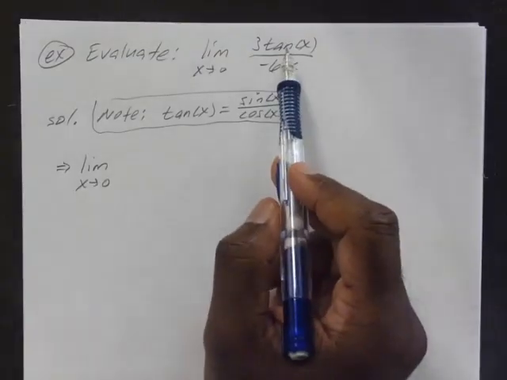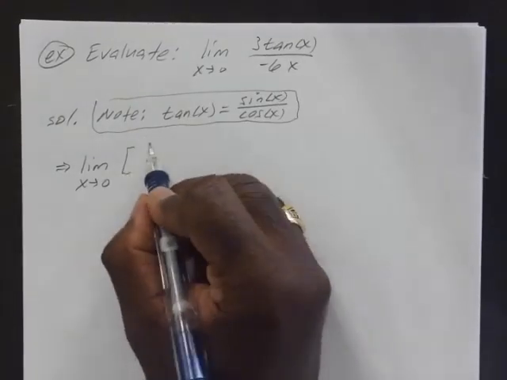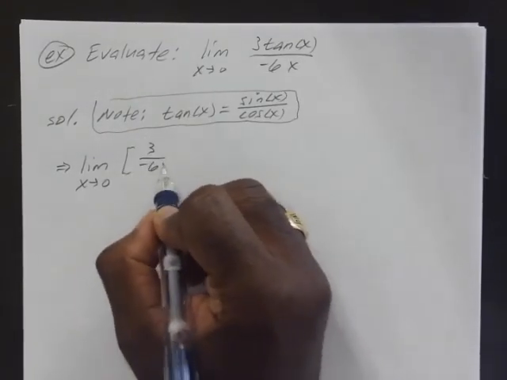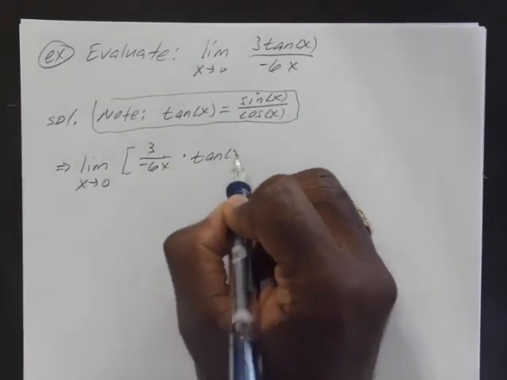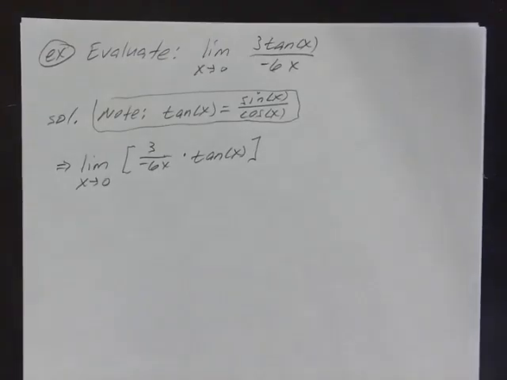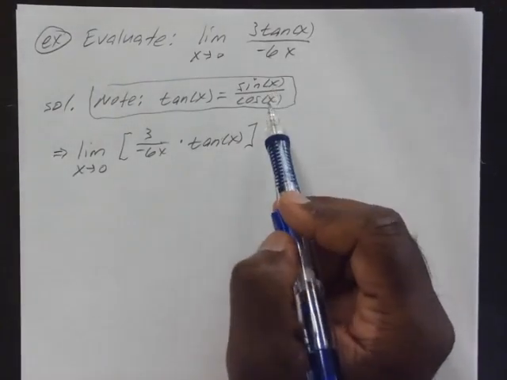At tangent x, we're just going to put that on the side. That's just 3 divided by negative 6x times tangent of x. Where we can go ahead and replace that tangent of x with sine over cosine.